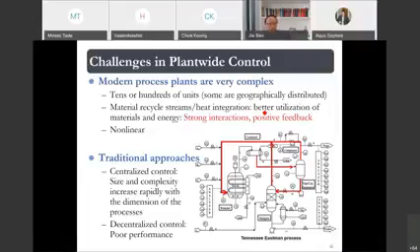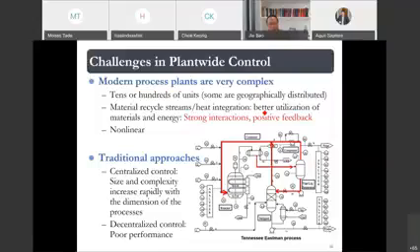The problem with that is that when the scale of the chemical process becomes large, the design of such a controller becomes more and more difficult to manage. And one of the issues really is that the model itself becomes very complex. How do you get a reasonably good model for a complex process, and also the control design.